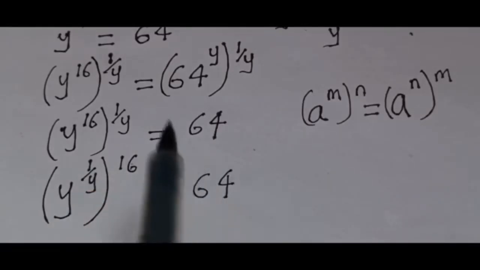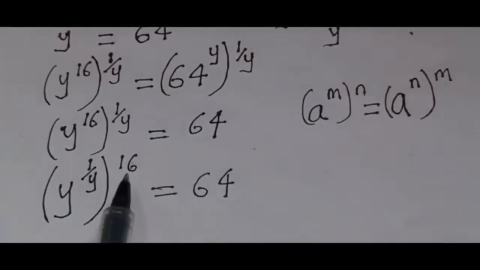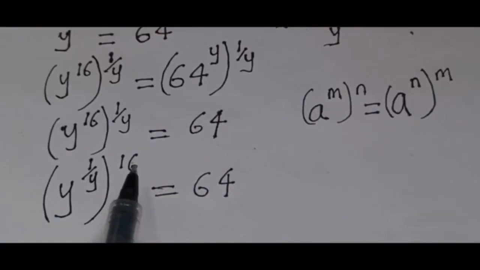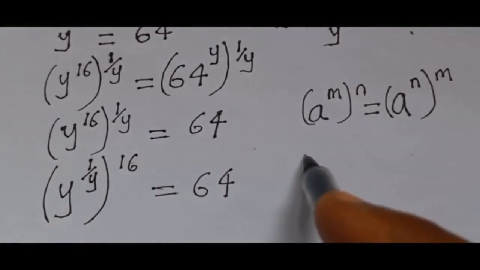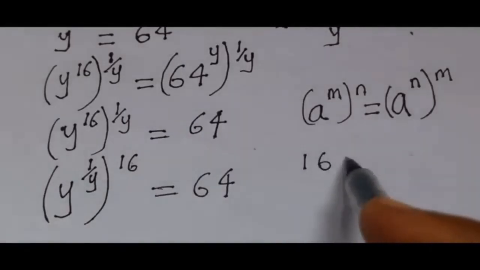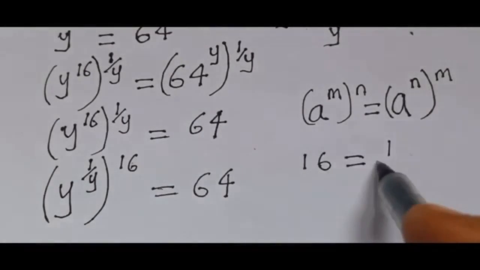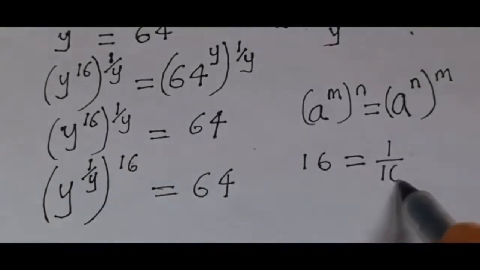We want to eliminate this 16. In order to eliminate this 16, we are going to raise to the power which is the inverse of 16. The inverse of 16 equals 1 over 16.